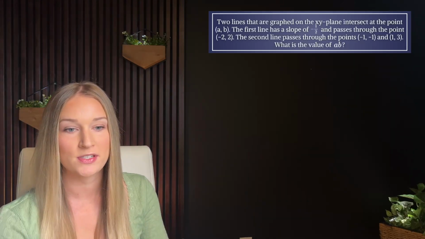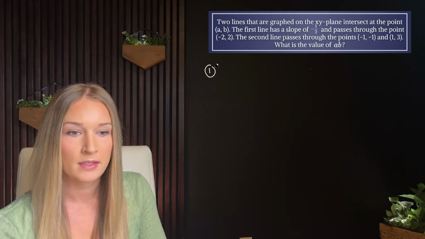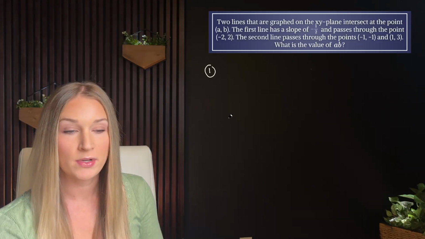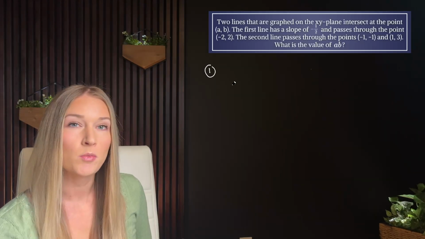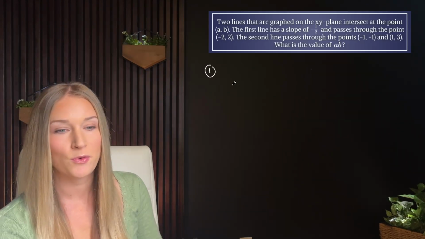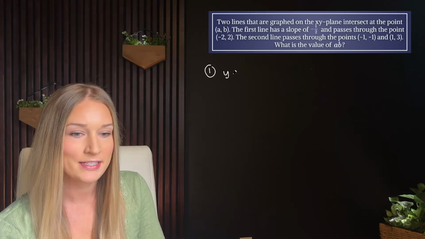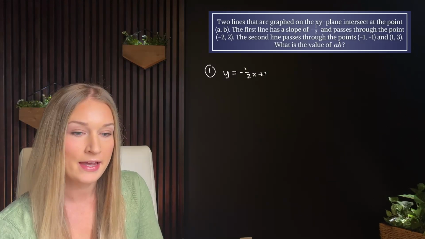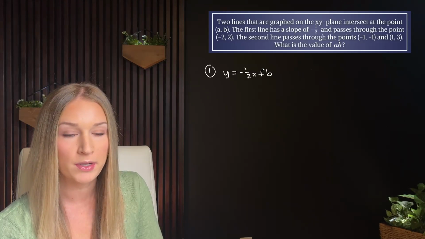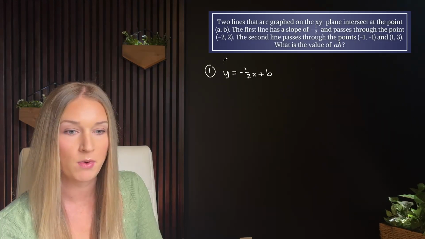So my first line, I'll just call it line number 1. Line number 1 has a slope of -1/2 and passes through the point (-2, 2). So I could use point slope form, or I could write my slope intercept form by plugging in the slope and then working to find my y-intercept. I know that my slope is -1/2, and I could plug in my point, (-2, 2), for my x and my y values.